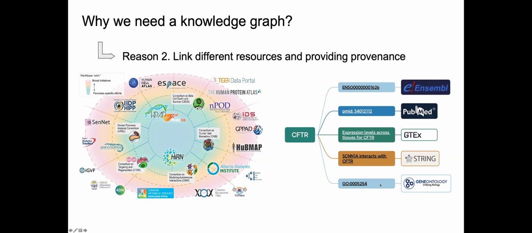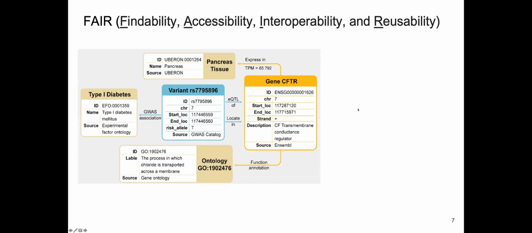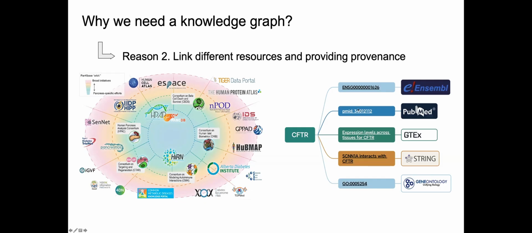Therefore, if we can put things together in a knowledge graph, we can really provide provenance. When we talk about the gene CFTR, we can go to all these resources so that we can summarize all the knowledge. Given what's going on in type 1 diabetes research, we really need a tool like a knowledge graph to handle this problem.